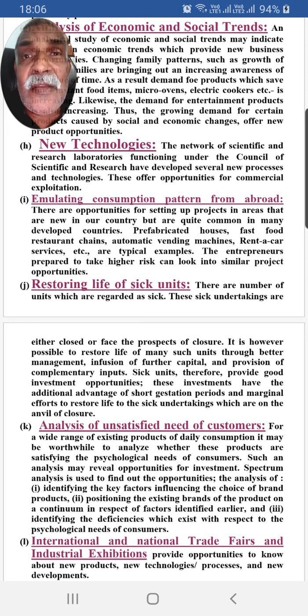Like prefabricated houses, fast food restaurant chains, automatic vending machines, rent-a-car services are typical examples of that. Entrepreneurs prepared to take high risk can look into similar project opportunities.